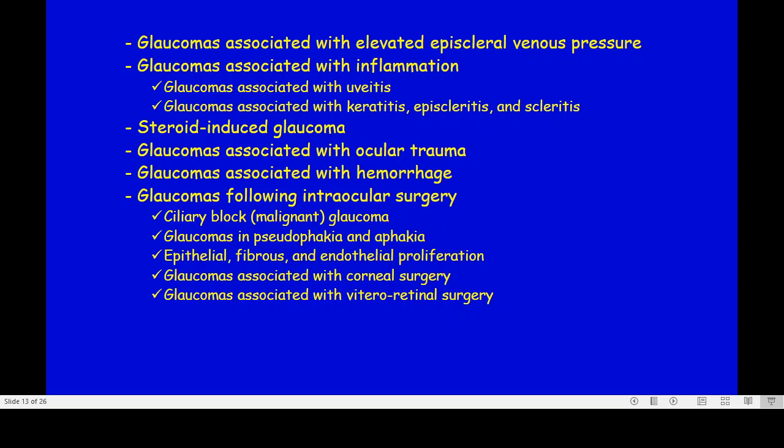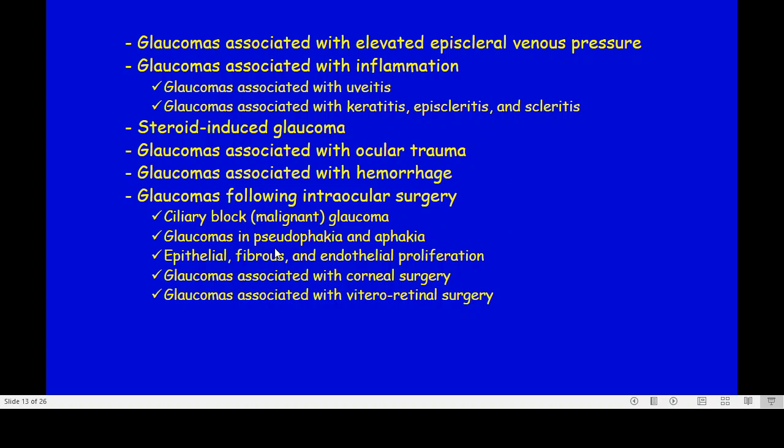Elevated episcleral venous pressure is seen in certain diseases like Sturge-Weber syndrome and thyroid ophthalmopathy. So these can give rise to glaucoma. Post-uveitic glaucoma can also be seen. Certain individuals are responsive to steroids, and it can lead to an increase in intraocular pressure.